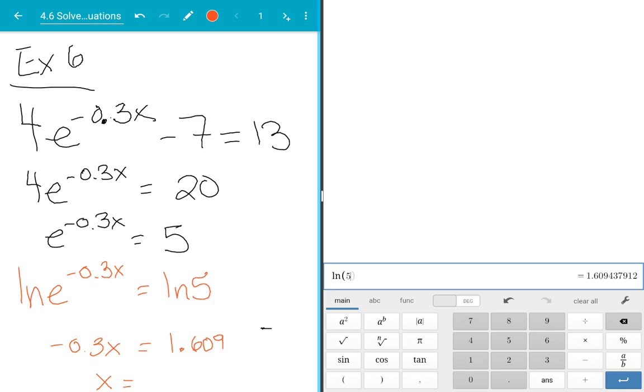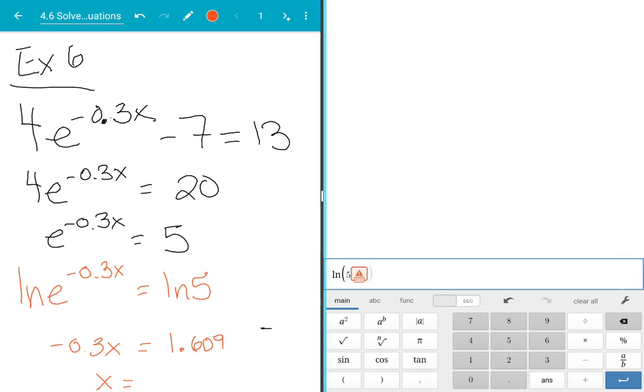So I'm going to take 1.609 and divide that by negative 0.3, and we get negative 5.363.